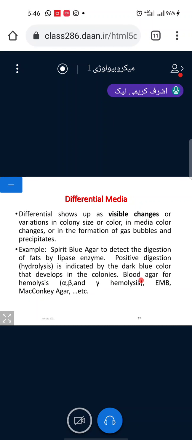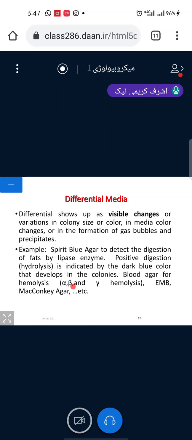Blood agar is a media with blood. When a bacteria hemolyzes the blood completely, the type of hemolysis is beta. When a bacteria hemolyzes blood incompletely, the type of hemolysis is alpha.